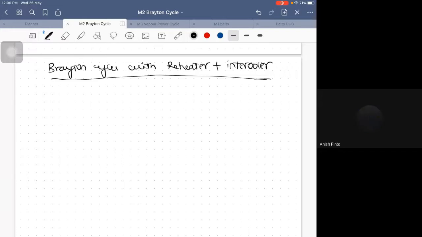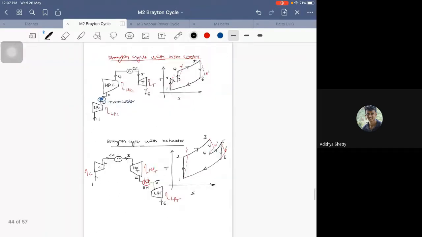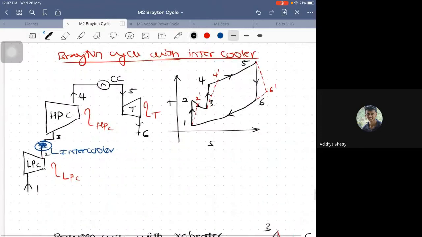Let us draw. So first, atmospheric air is sucked in. Sir, how will we come to know that there are two turbines and two compressors? Simple. Come back to this. Where will the intercooler come?